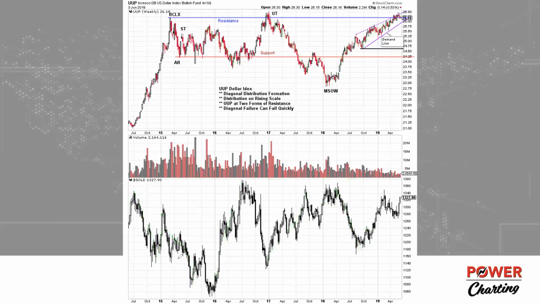Let me clean this up. But then all of a sudden, when we get into this diagonal fifth area, right in here, we have the dollar rising and we have gold falling here.